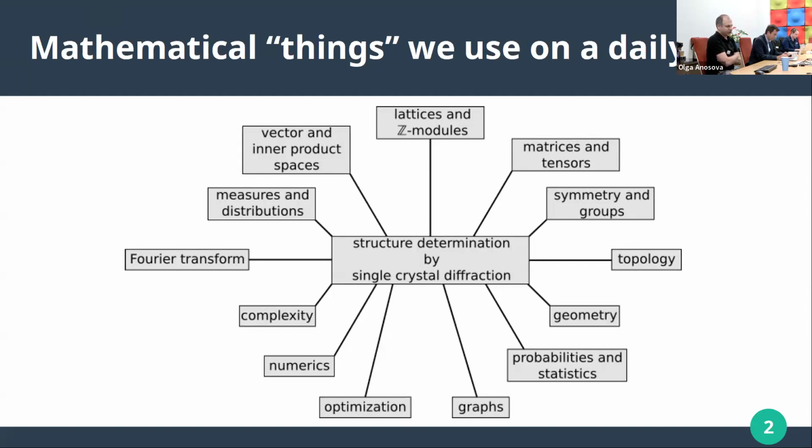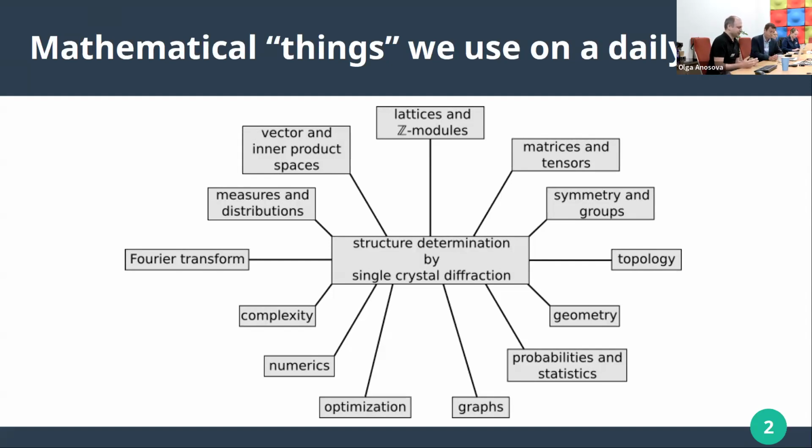But anyway, the point is that the whole thing is based on very different parts of mathematics. We do algebra, linear algebra, we do complex and real analysis, we have probabilities, and from computer science we also have optimization, we have complexity and all these things.